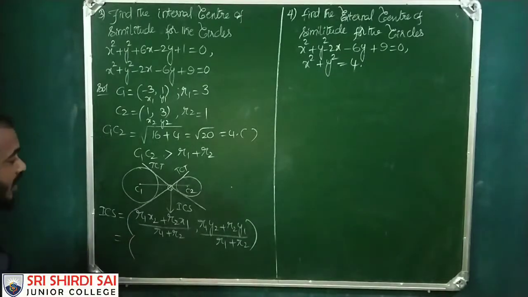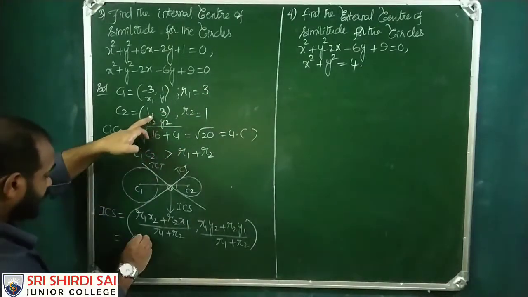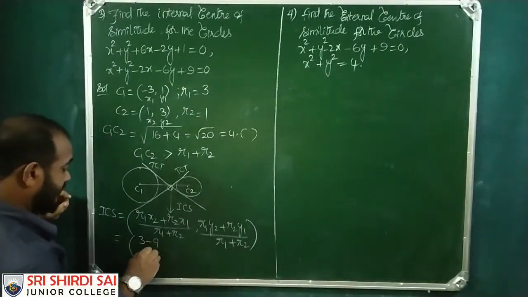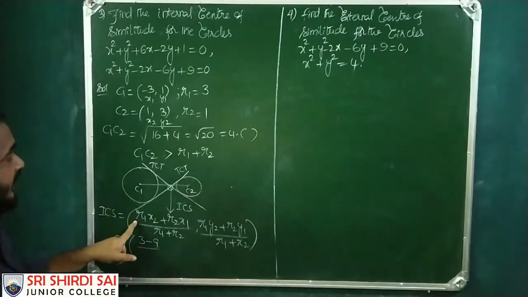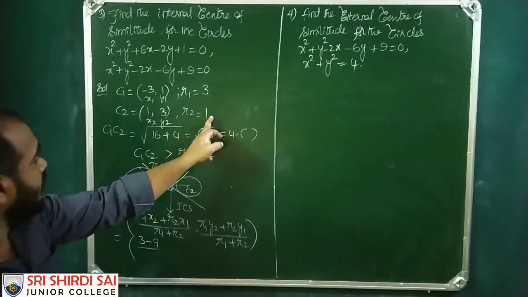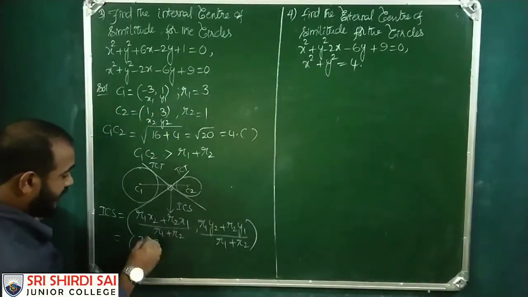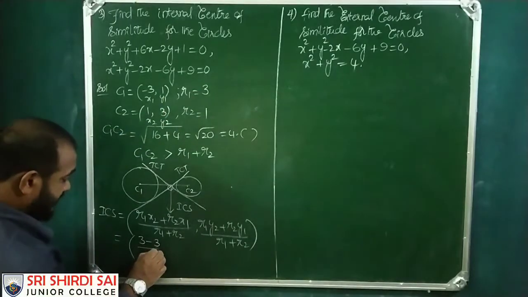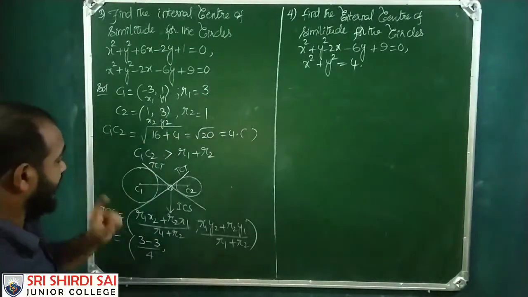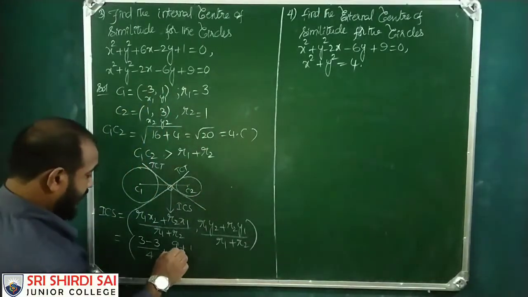So see this, R1x2, R1 is 3 into 1, 3, plus R2x1, 1 into minus 3, minus 3, divided by R1 plus R2, 3 plus 1, 4, comma, R1y2, 3 into 3, 9, plus R2y1, 1 into 1, 1, by 4.